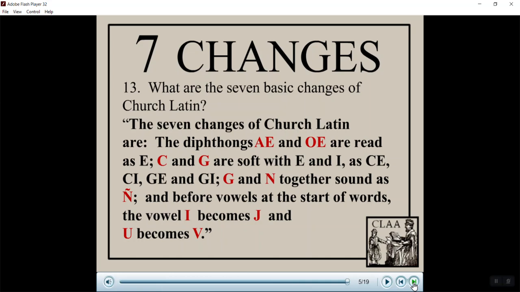And before vowels, at the start of words, the vowel i becomes j, and u becomes v.